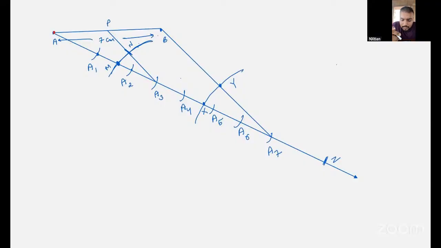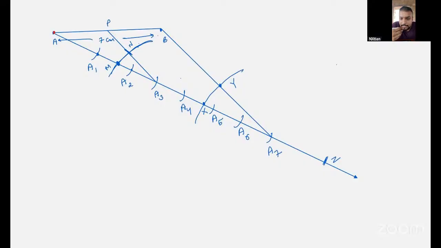Now join A3 and P. Join A3 and N3. Last point.